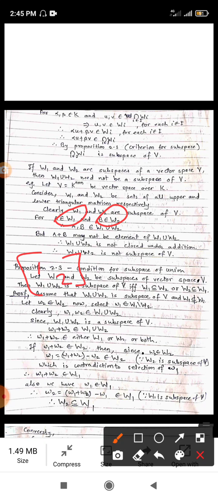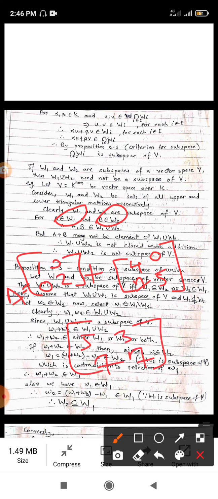Suppose A is 1, 2 and 3, and here is 0. Next, W2 contains the set of all lower triangular matrices. Let us see B. Suppose B is 5, 6, 7 and 0, so B belongs to W2. What about its addition? A plus B becomes 4 plus 1, 5, 3, 7, 7.